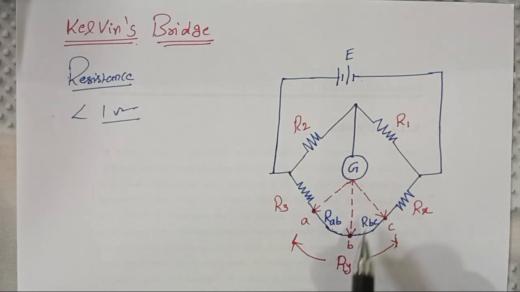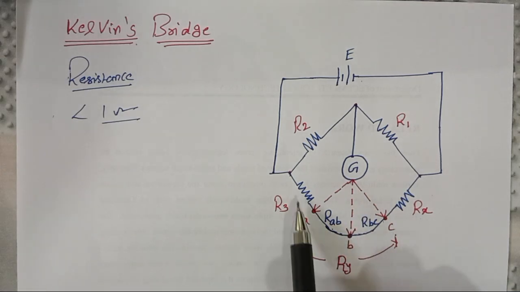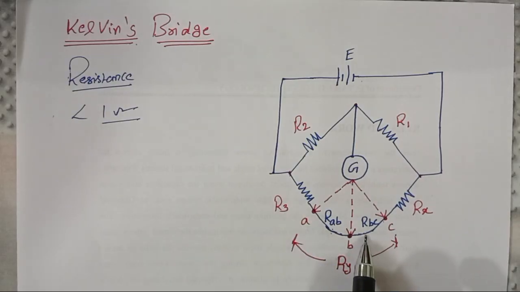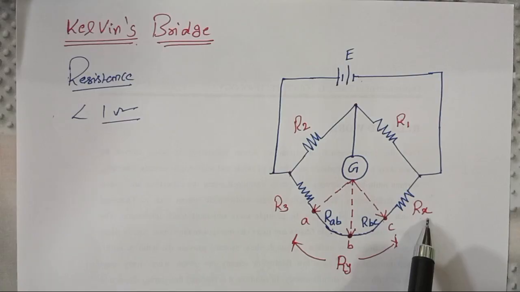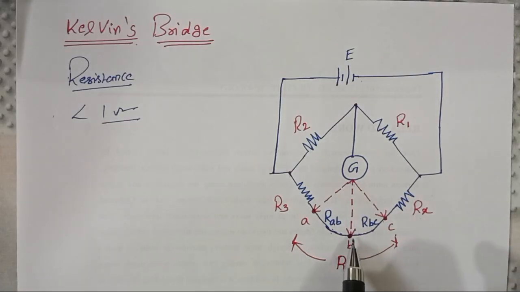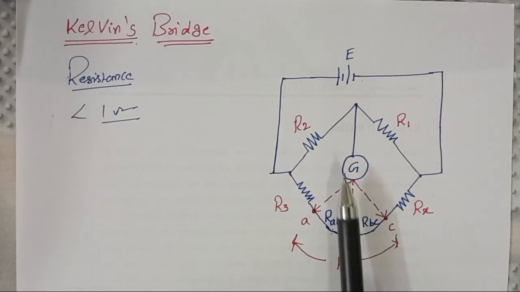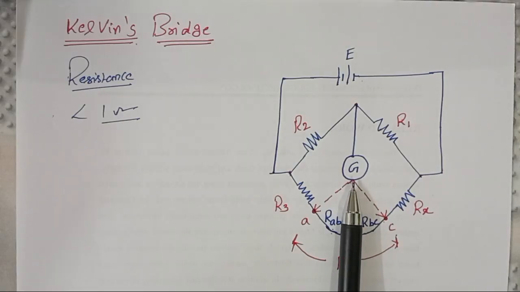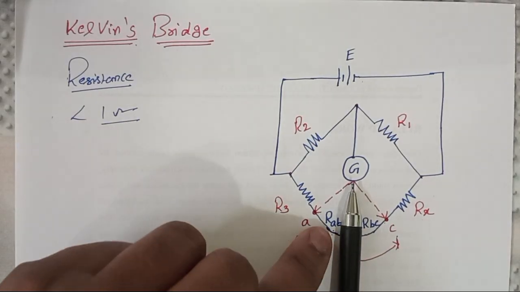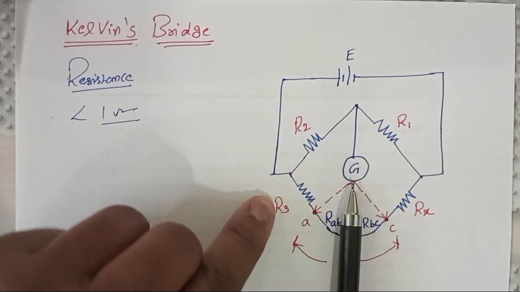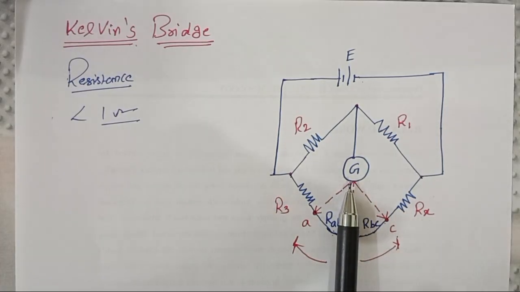When the galvanometer is connected to point B, then RAB is in series with R3, and RBC is in series with Rx. That means the contact is like this right now. Then look here, RAB is in series with R3, RBC is in series with Rx.